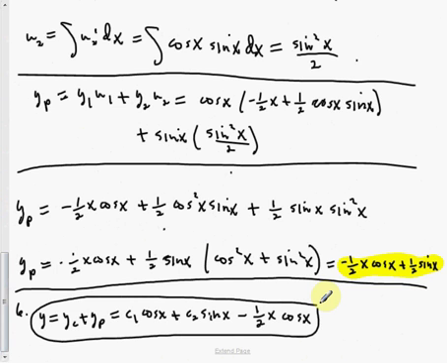Yes, sir. Exactly. This is c sub 2 times sine x. This is the 1/2 sine x, right? It's going to be multiples, right? You're exactly right. The c sub 2 could include that as well. Same form.